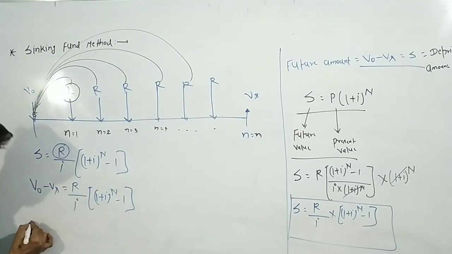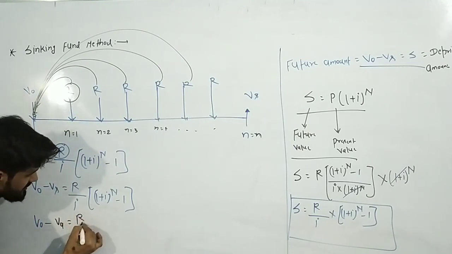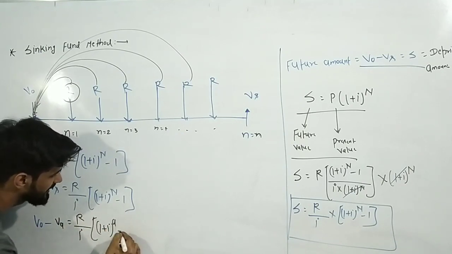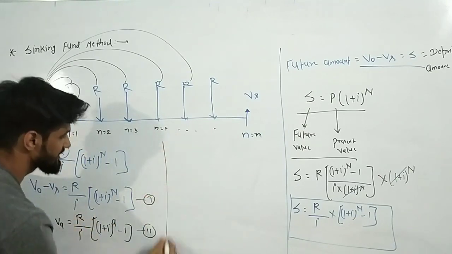Now for any particular year, if you want to calculate, then you can write V0 minus Va, that is equal to R upon i into ((1 plus i) whole to the power a minus 1). Call this equation first, and I am just assuming this one as equation second.